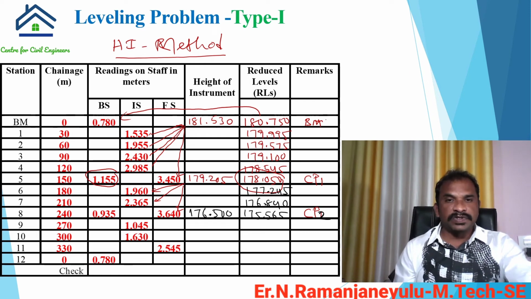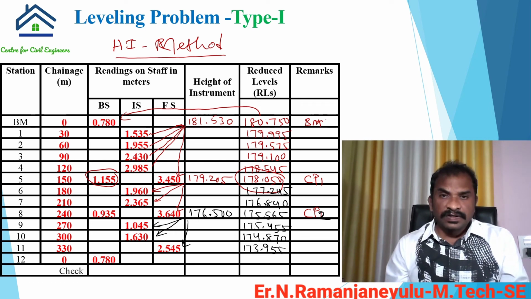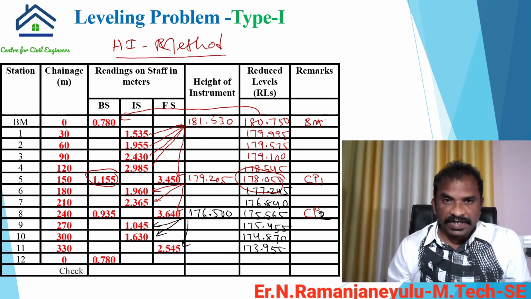Now from this, if you subtract this value and this value and this value, you will get other reduced levels like this: 175.455 and 174.870, and the last one is 173.955. Likewise, we have to calculate all reduced levels simply by subtracting from HI the FS and IS values.